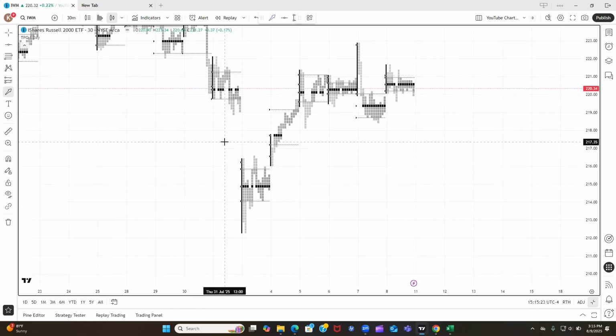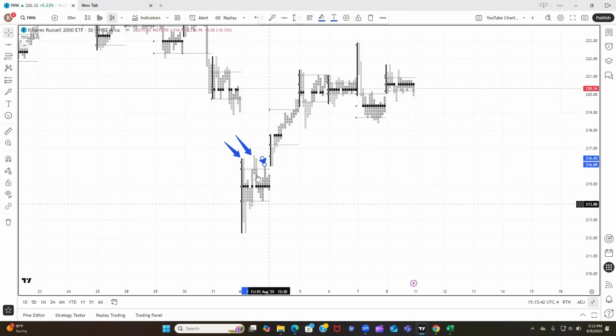All right, here is a swing low. Here's another swing low. So basically price came here, swung low. Price came up, hit 216.59, swung low. Here's another one. Price came up to this area, 216.03, swung low.